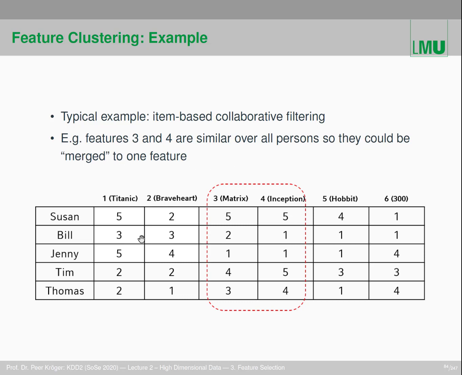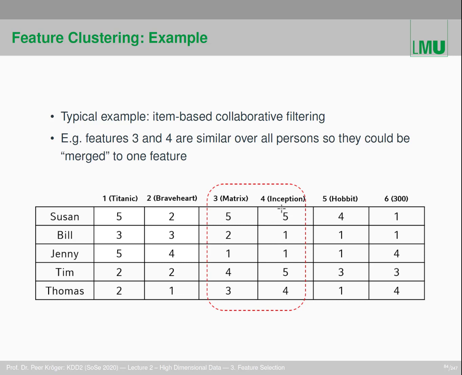If you transpose the original data matrix so that you have the persons as columns and the items, in that case the movies, as rows, and you cluster the rows, you will see that those two rows here are very similar over all columns, so over all persons, and then you can merge them to one feature.